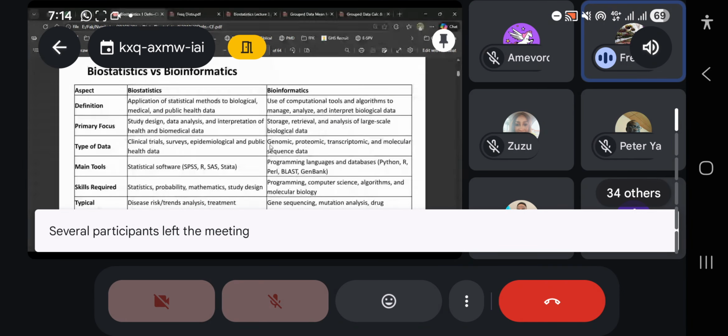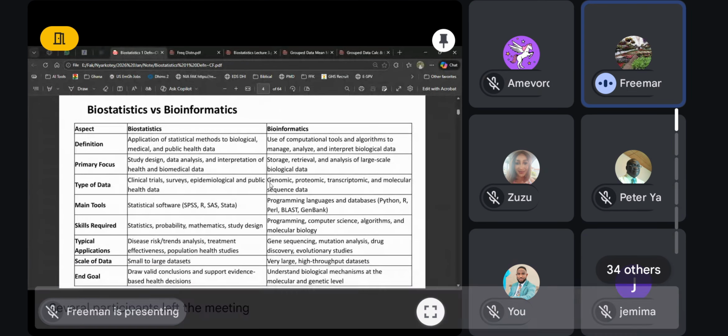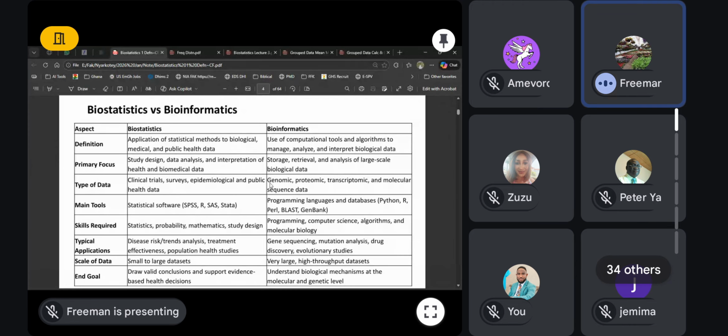When you go to bioinformatics, it's talking about genomic, proteomic, transcriptomic, and molecular sequence data.